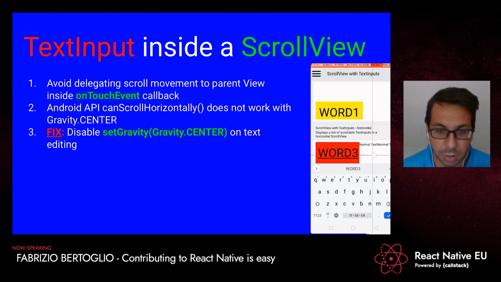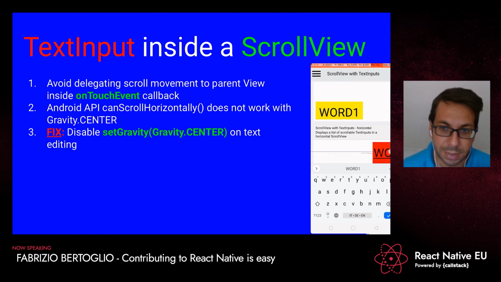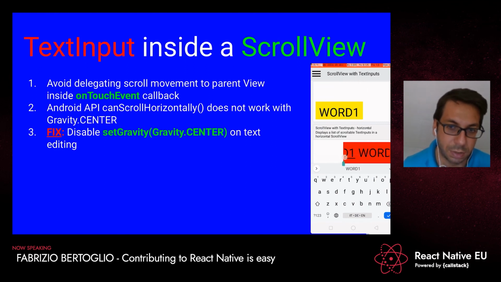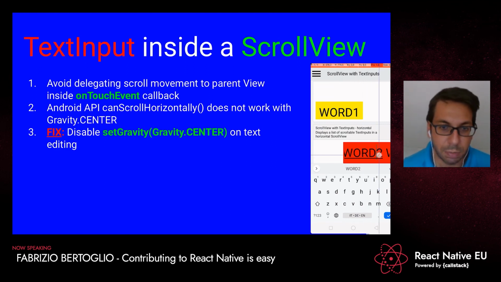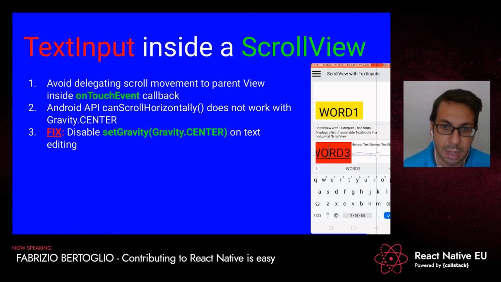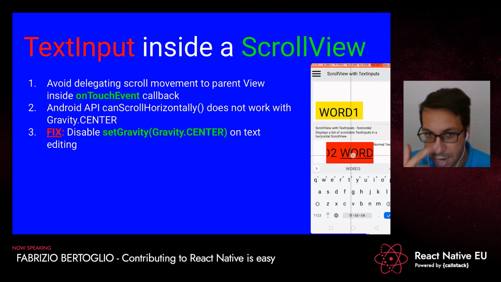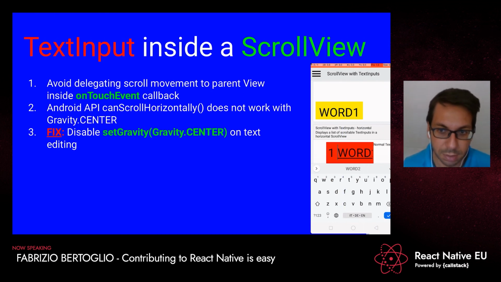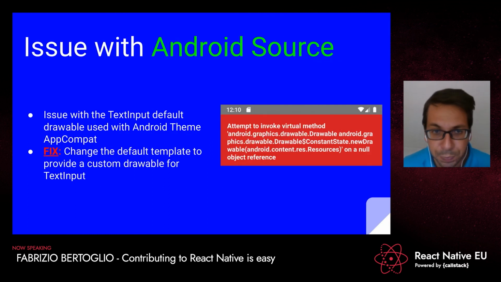We just disable Gravity Center when the text is being edited. When we touch with the cursor inside the text input, we set it to gravity left, and then this issue from the Android API canScrollHorizontally method, which does not tell us when we finish scrolling a text input, is gone. We don't have this issue, so it's a really simple solution.